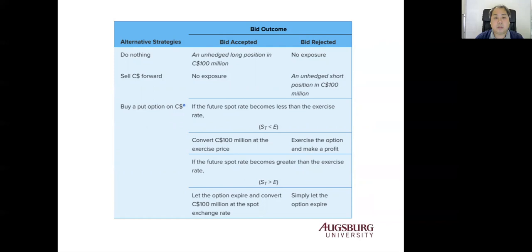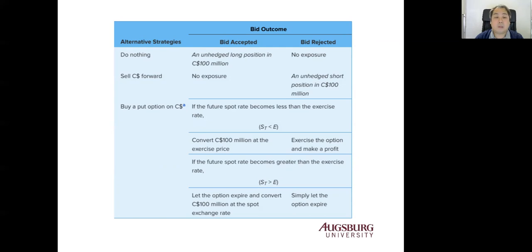So no exposure. Now let's short Canadian dollar forward. If bid is accepted, then you are fully covered, so there's no exposure. But if bid is rejected, then you probably have uncovered, unhedged short position in Canadian dollar, $100 million. So you need to handle that. Because anyway, you have to pay, right?